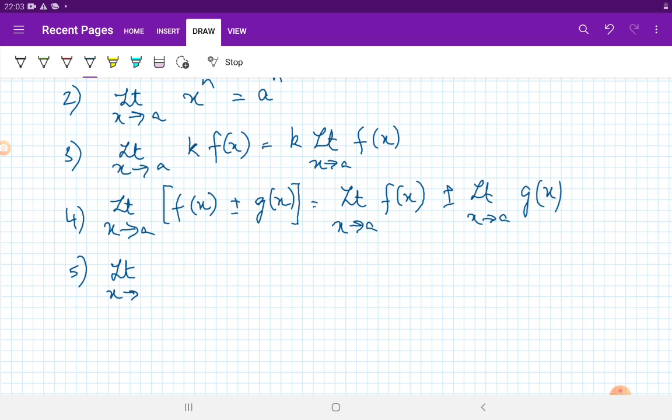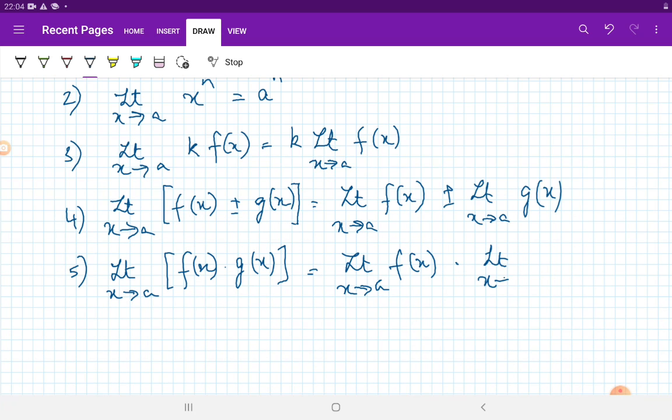Similarly, if you have to find limit x tends to a of the product of two functions of x, you can find limit x tends to a f of x into limit x tends to a g of x.